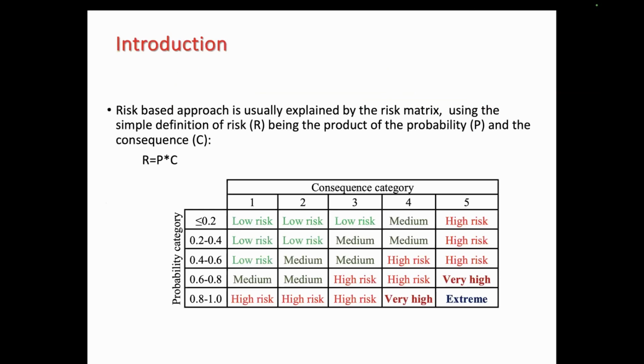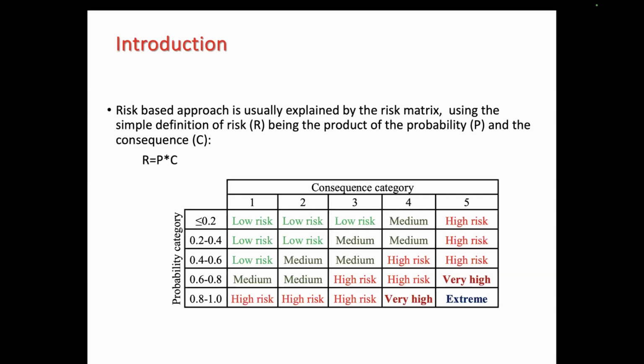As the introduction, let me say that this risk-based approach that I will show is based on a risk matrix. This is a simple matrix. If we know probability or something like that, and if we know consequence, which I will explain in more detail soon, then we can have a plot of these two values.